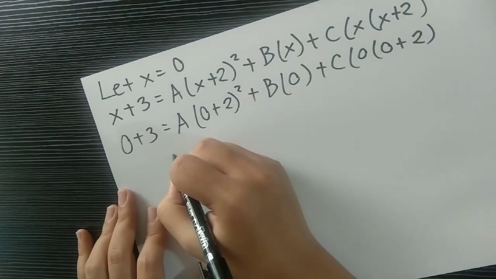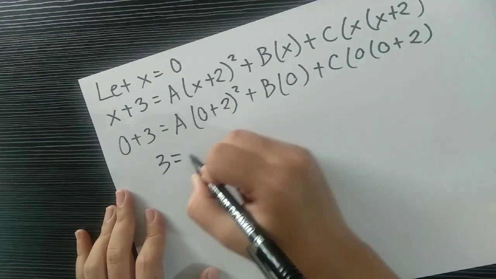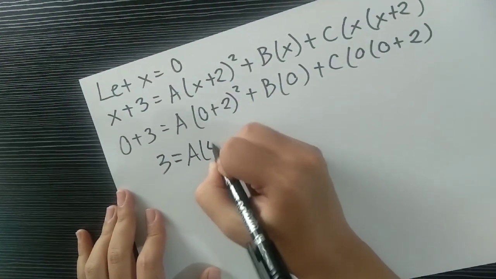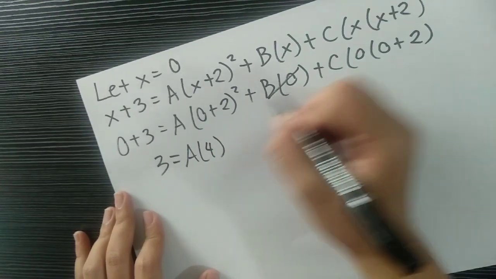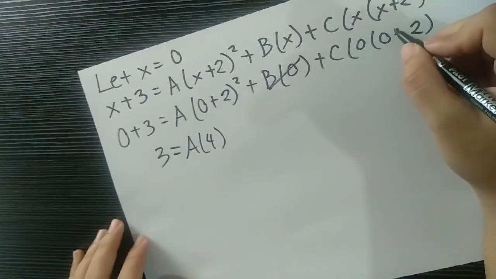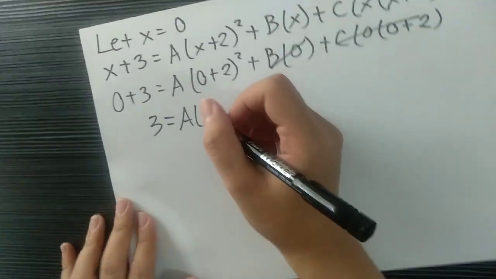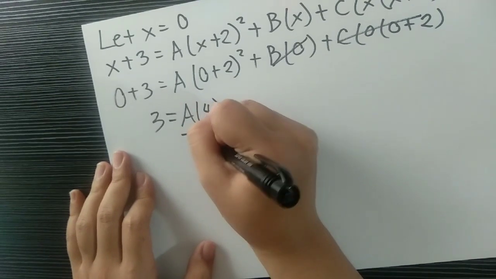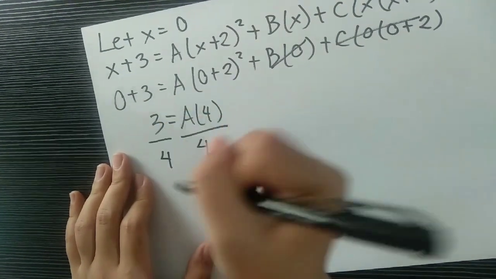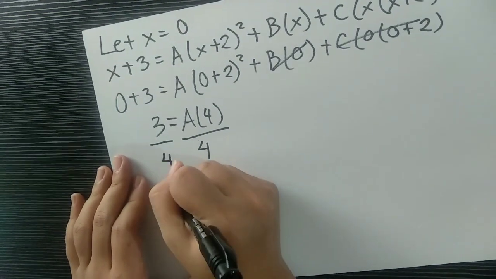So we'll get 3 equals A times 4, since 2 squared is 4. We'll cancel this one out, and since 0 times 2 is 0, we'll also cancel this one out. So let's divide this by 4. Now our value for A is equal to 3 over 4.